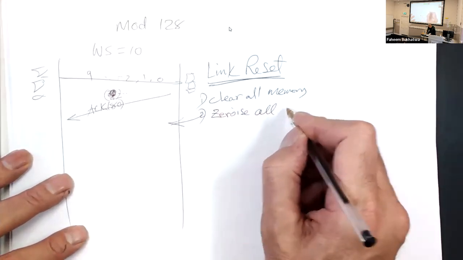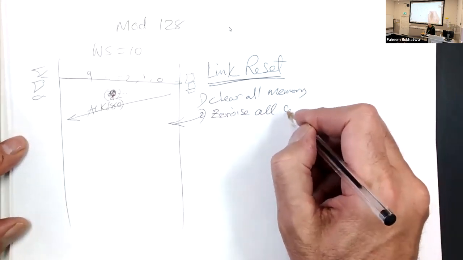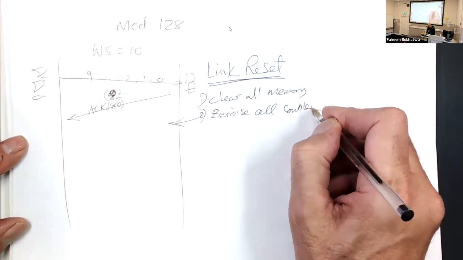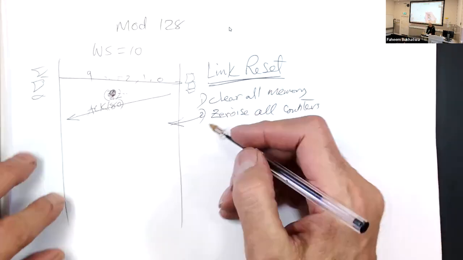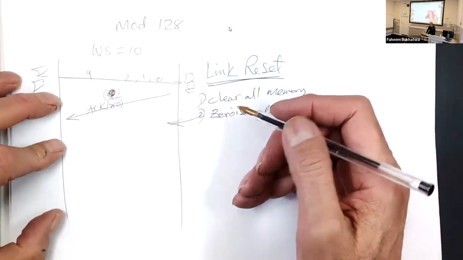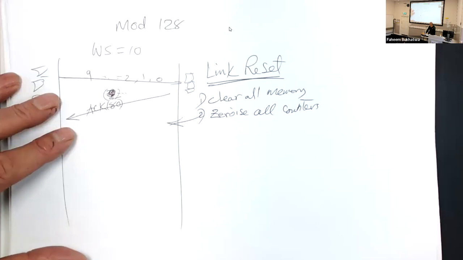Zeroize all counters. That means reset, put everything back to 0. All counters, that means what frame number did you send, what one I expect from you. So basically we're canceling everything. We're clearing our memory. There is a problem between us and we need to start again.